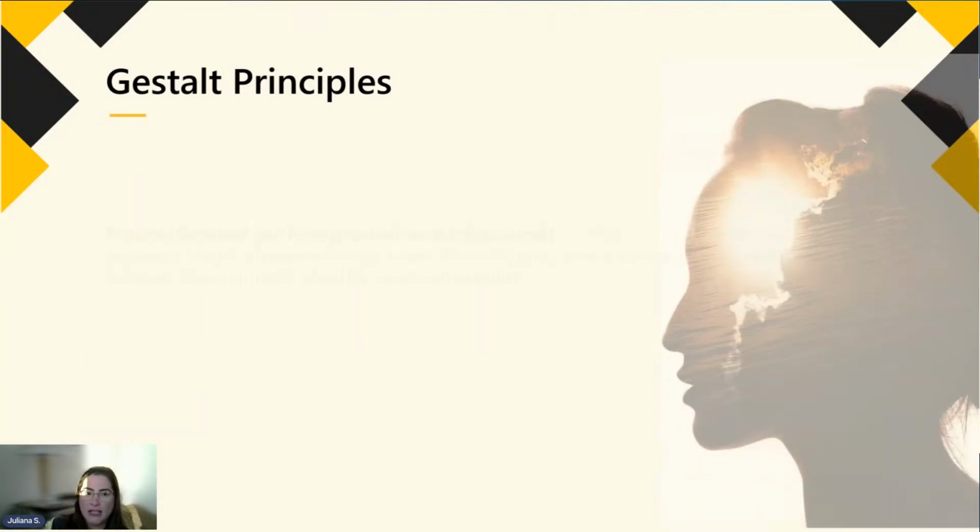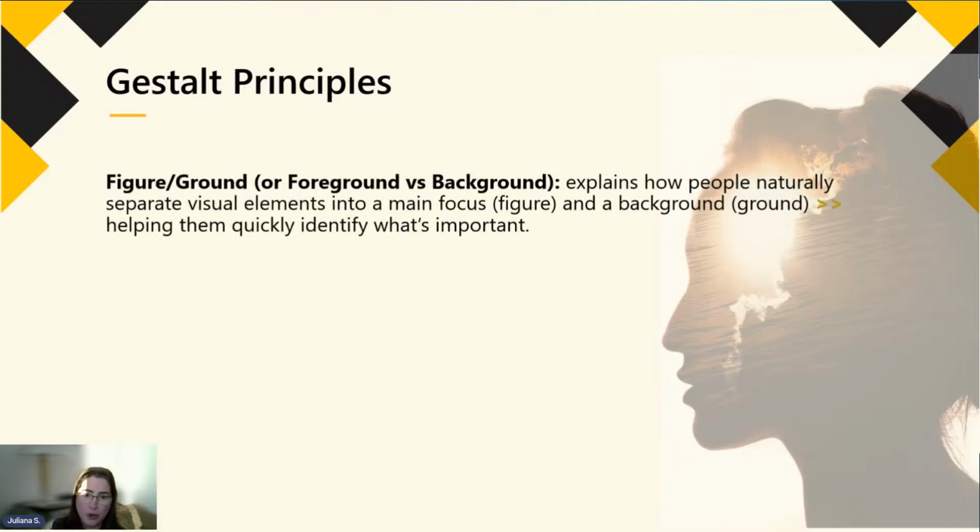The first one is figure ground, or foreground versus background. That explains how people naturally separate visual elements into the main focus, or the figure, and the background, or ground. And that helps them to quickly identify what is important.